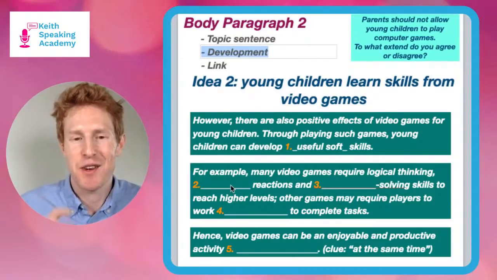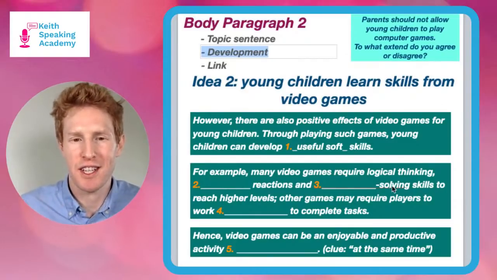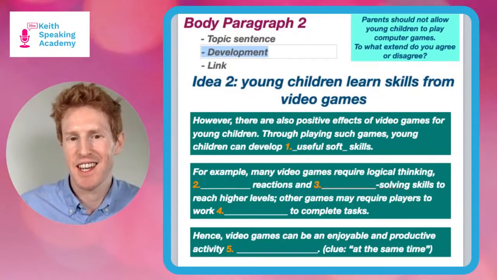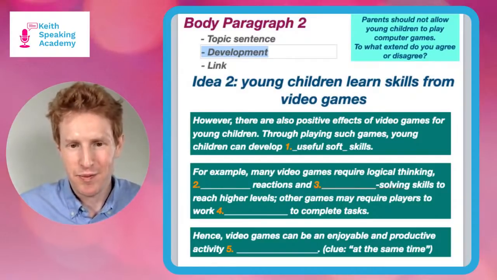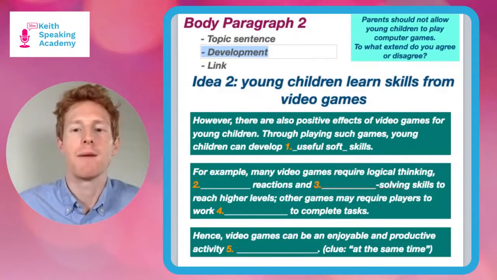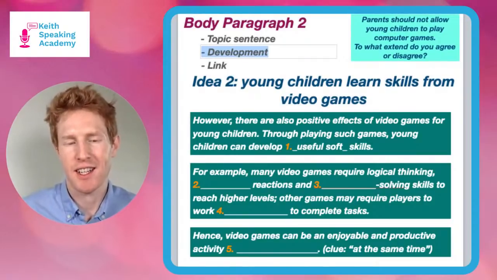Okay, so something reactions and something solving skills. Okay, so again, what collocation do we have? Something solving skills. And then we continue to reach higher levels. Other games may require players to work something to complete tasks.